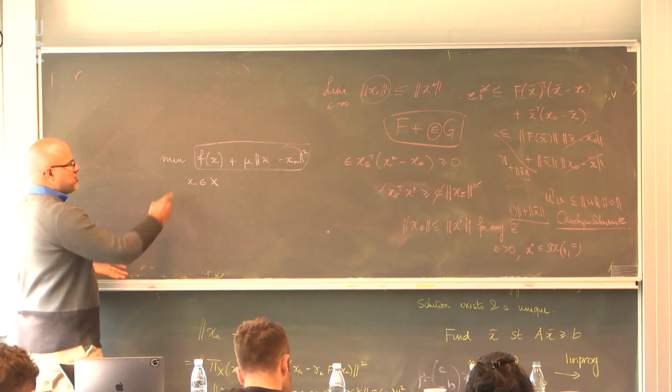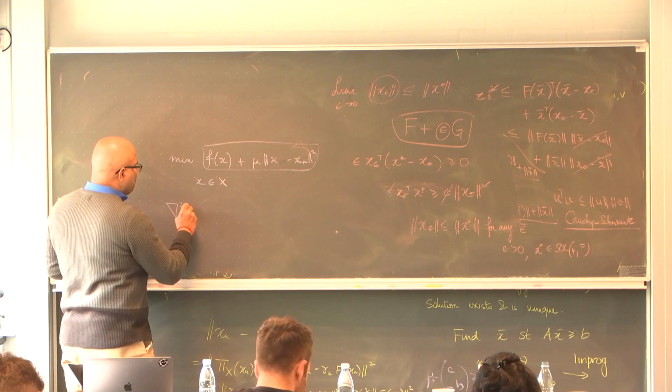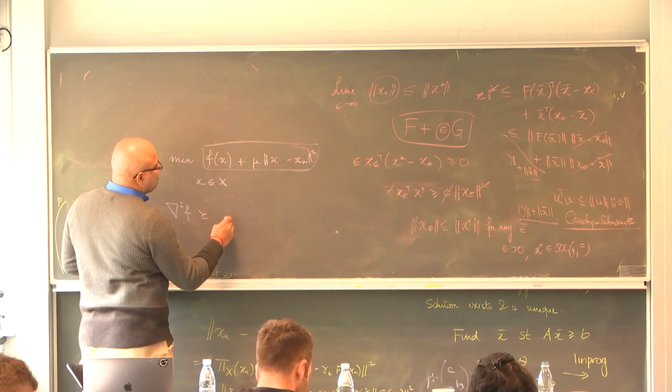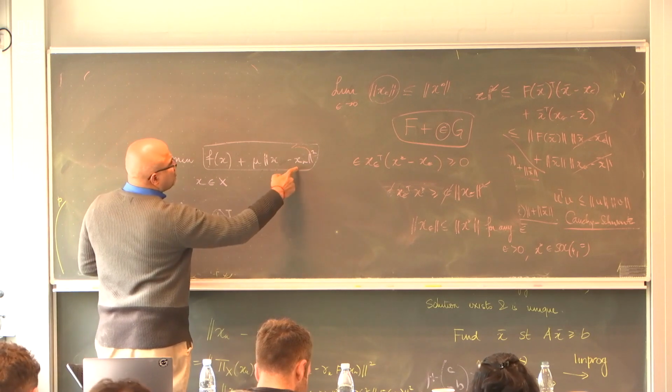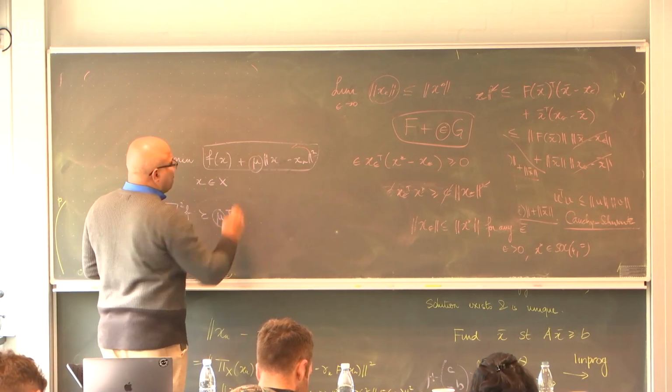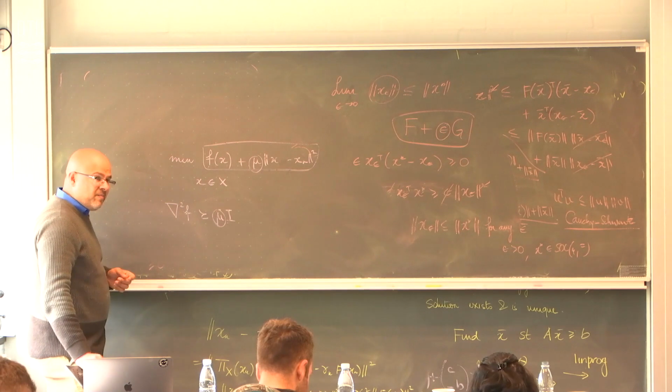It's strongly convex. So if f is twice continuously differentiable, what you know is this is mu times I. And what you notice is regardless of what xk is, the convexity constant stays the same.